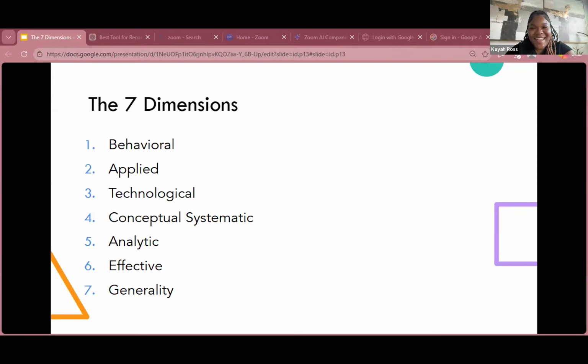Am I able to see the questions and everything? It's still stuck on the seven dimensions. I was listening to everything you were saying. Let's fix that. I'm sorry. Oh no, it's okay. Let's fix the view. I should have said something. No need to apologize, no worries.